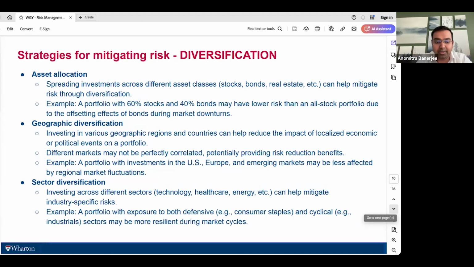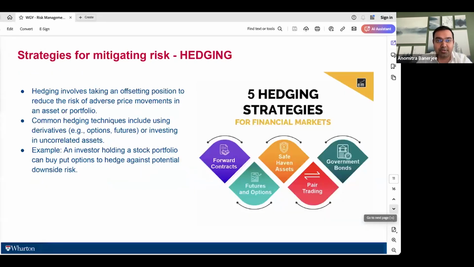For example, when corn is getting harvested, you want to invest in companies which are using that corn, because the market is going to open up for them. So sector diversification is another way you can mitigate risk through diversification.